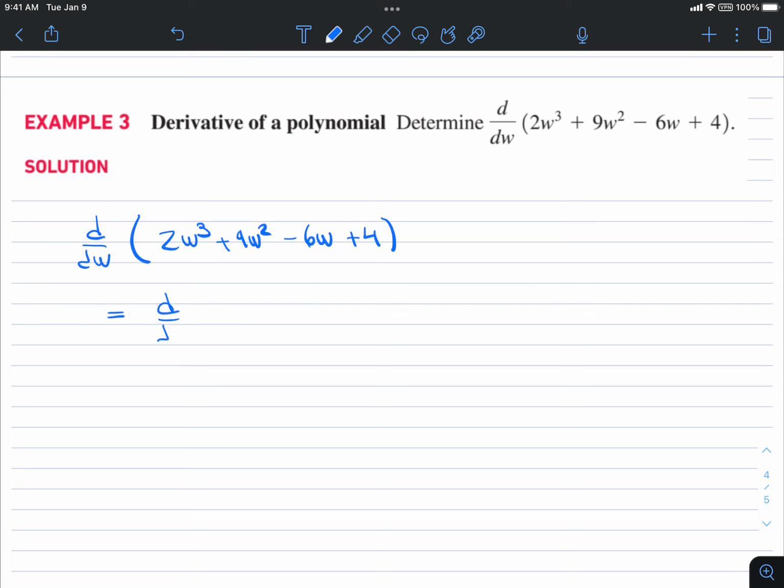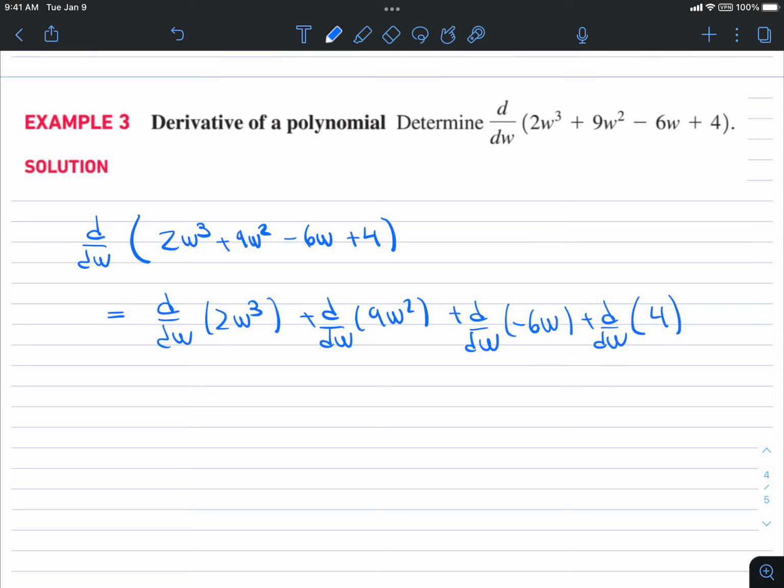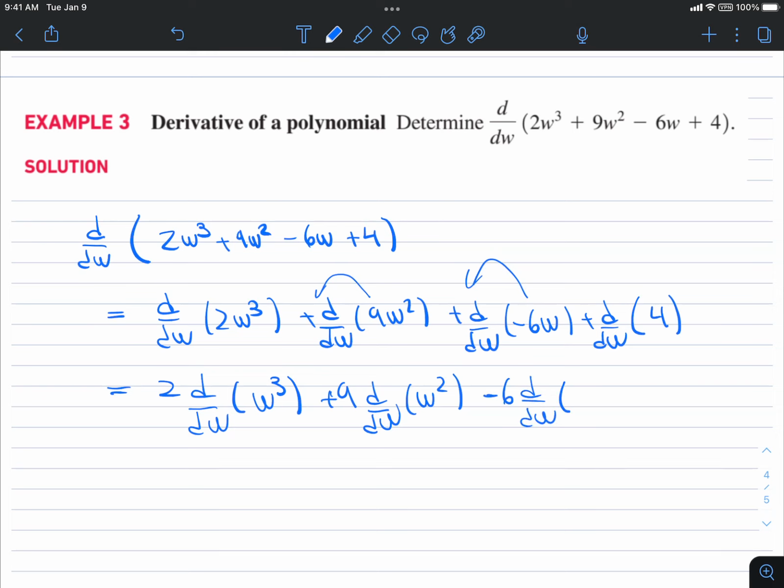So I do d/dw of 2w cubed plus d/dw of 9w squared plus d/dw of minus 6w plus d/dw of 4. So sum rule, I can apply one derivative to each. Now I can use the constant multiple rule to bring out the constants on each. So that's 2 d/dw of w cubed plus 9 d/dw of w squared, so the constants are jumping out, and then the minus 6 jumps out, so minus 6 d/dw of w.